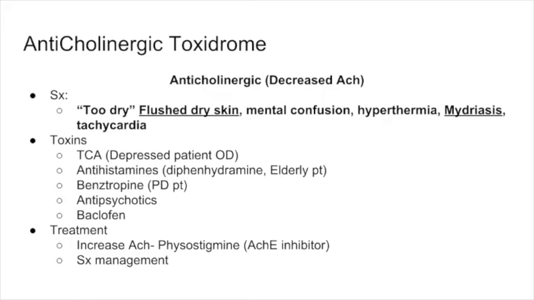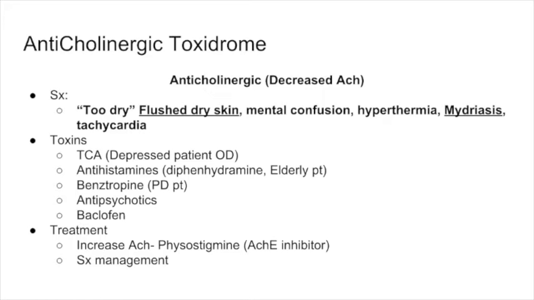Antihistamines like diphenhydramine, a classic example would be an elderly patient who's taking diphenhydramine for sleep. Benztropine is also an anticholinergic. It's used for Parkinson patients. Antipsychotics also have anticholinergic side effects, and baclofen, which is a muscle relaxer, can cause anticholinergic side effects.